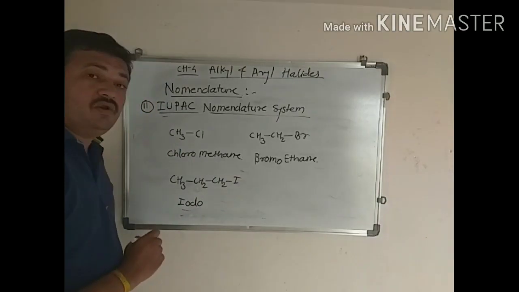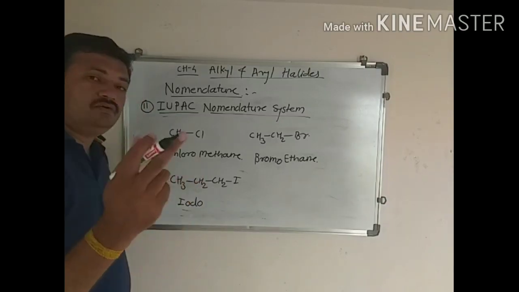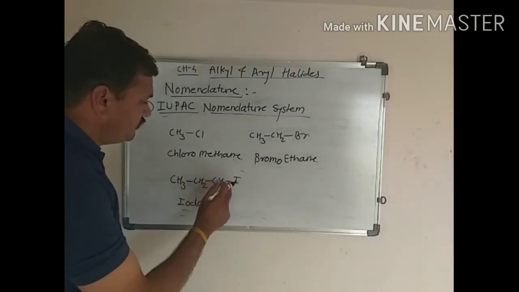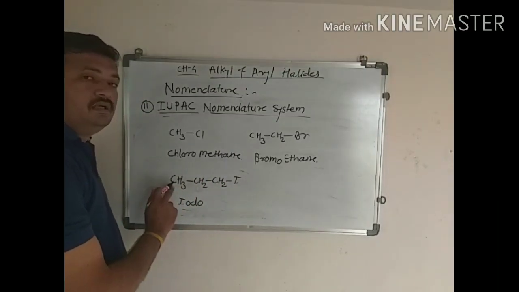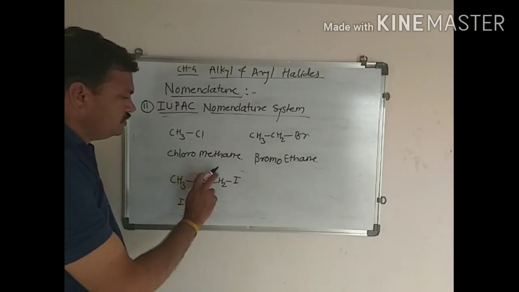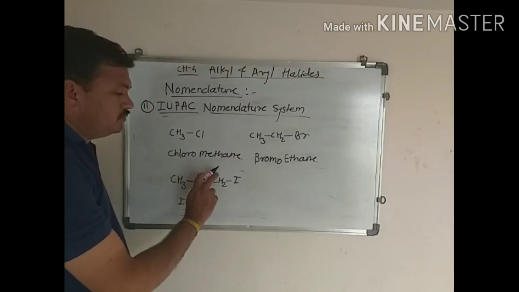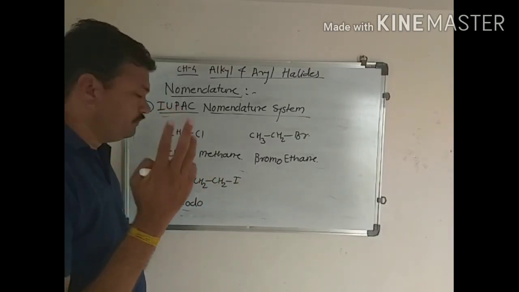First we have to select the longest carbon chain containing the halogen atom. It is 1, 2, 3. Then there are two possibilities of giving number, either from right hand side or from left hand side. If we give the number from left hand side, 1, 2, 3, the carbon atom to which the halogen atom is attached gets number 3.